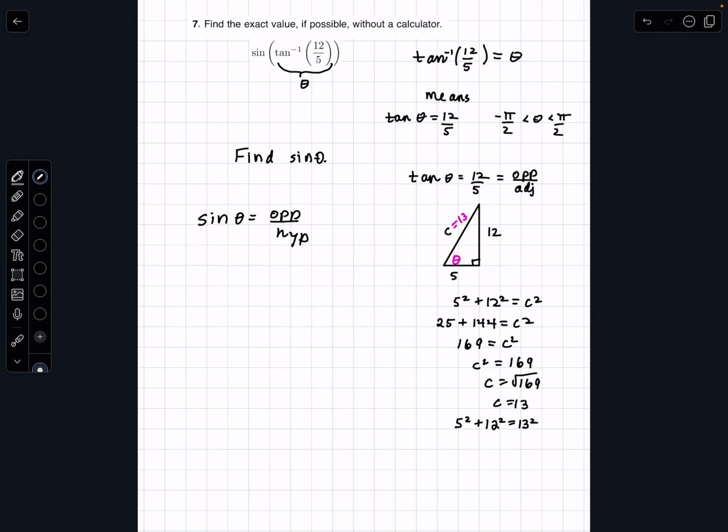According to our triangle, sine theta is then opposite 12 over hypotenuse 13. And that is our answer because this inside part is theta. So, in conclusion, sine tan inverse 12/5 is equal to 12/13.